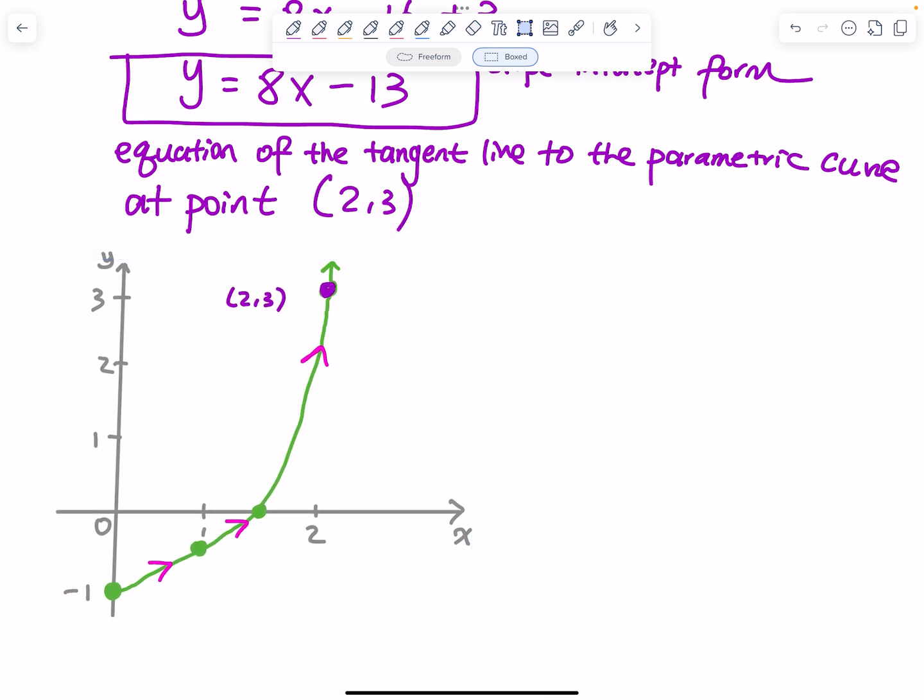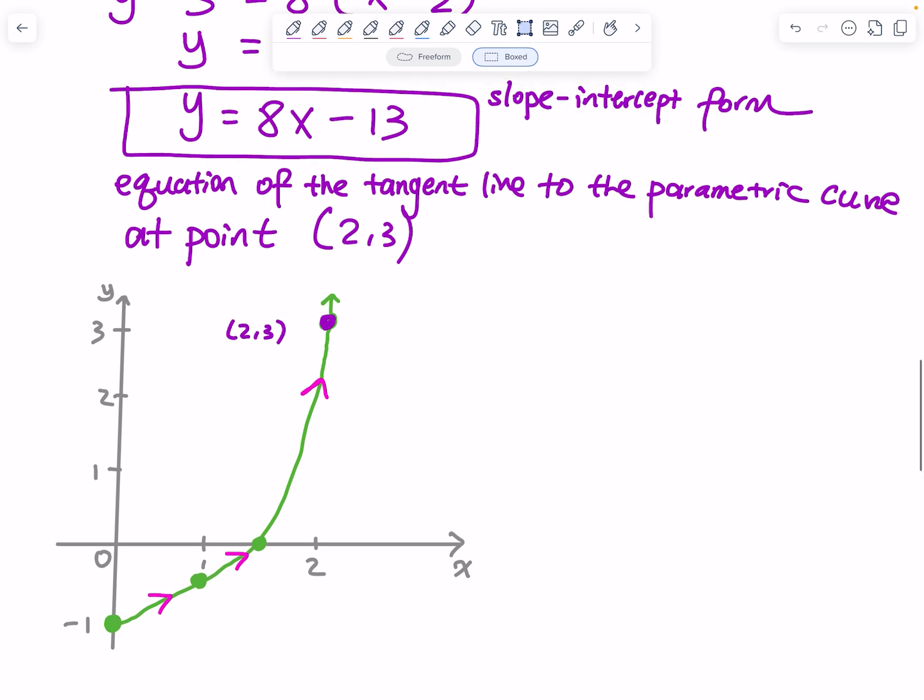So we have a parametric curve. We have a point, and the line y equals 8x minus 13. So we know that the slope is equal to 8. That is a positive slope. Then the line is going uphill. And then we know the line should look something like this. So that is pretty steep for a positive slope. Let's make that closer.